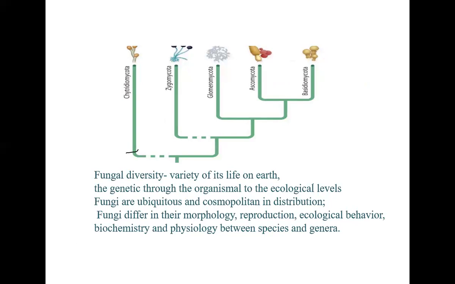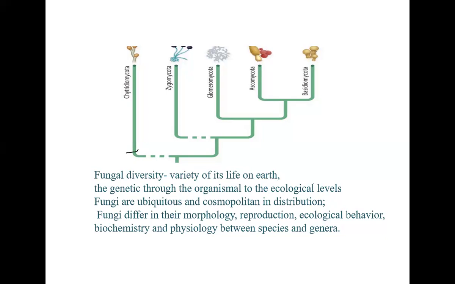Okay, you know, fungi are ubiquitous. That means cosmopolitan in distribution. Everywhere, in all types of habitat, almost all the fungi are there, from psychrophilic cold to thermophilic high temperature.